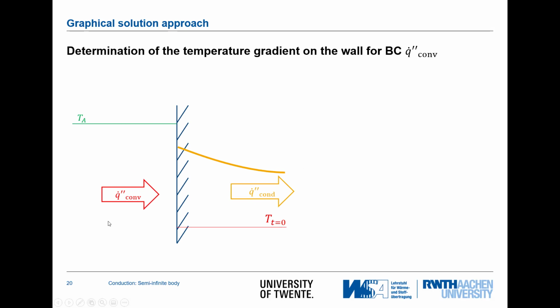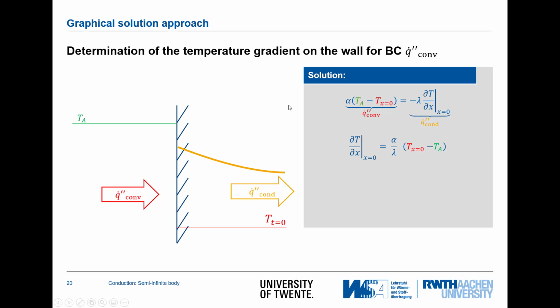What we have here on the left side is a convection, on the right side the conduction, and here it's a surface. If we have a look at our boundary condition here, then this boundary condition relates the gradient to the temperature difference. We can rewrite this boundary condition, and we see that this alpha divided by lambda is in its units 1 divided by meter.